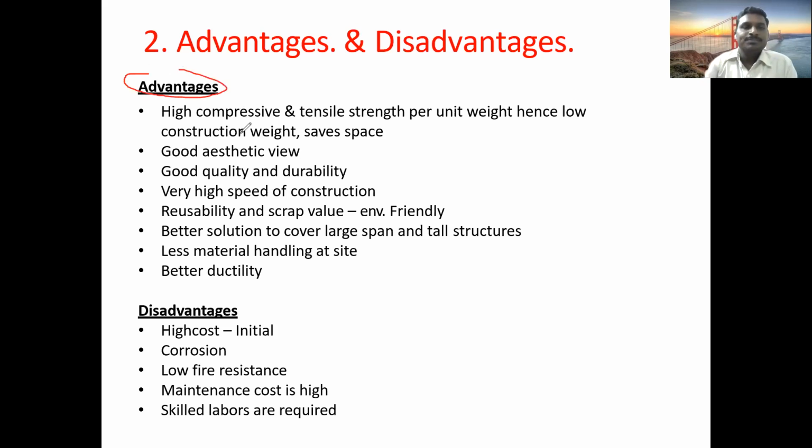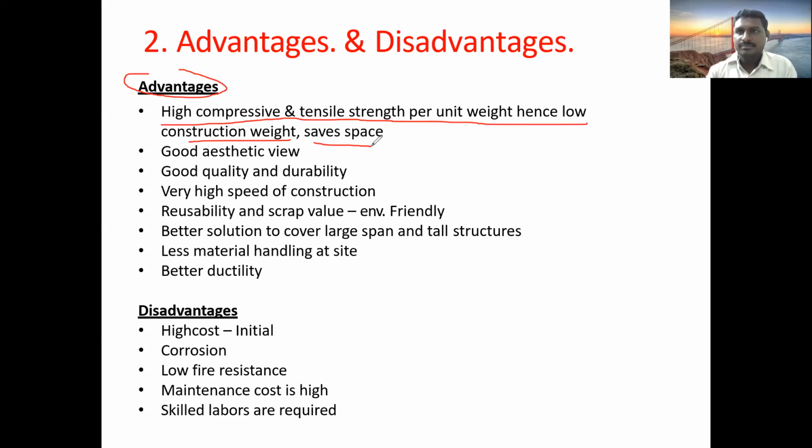First advantage: why we have to use steel structure, and how the steel structure benefits. The first advantage of steel structure is high compressive strength and tensile strength per unit weight, hence low construction weight and saving of space. The compressive strength and tensile strength of steel is very high.